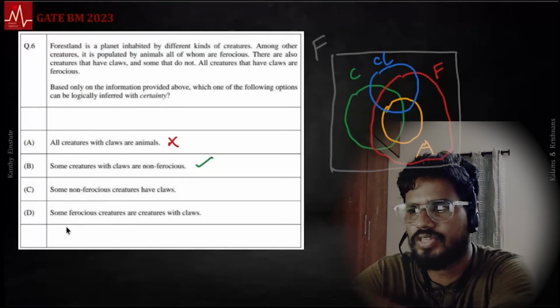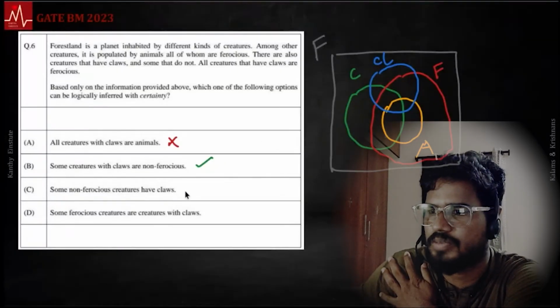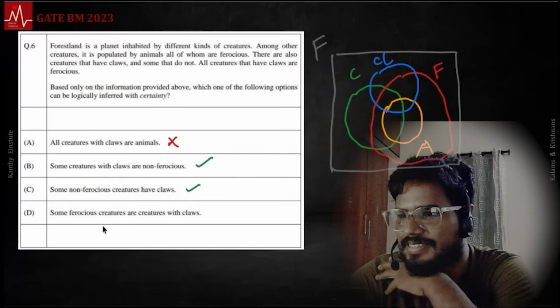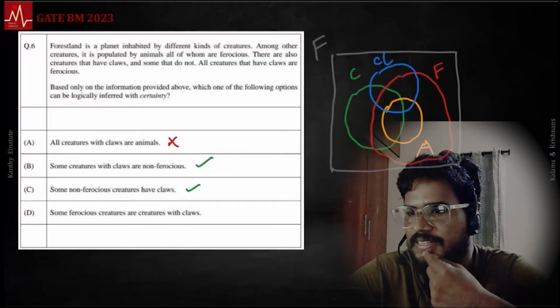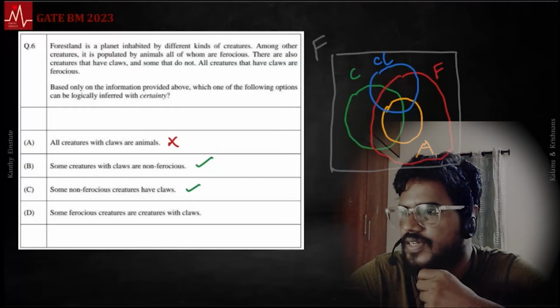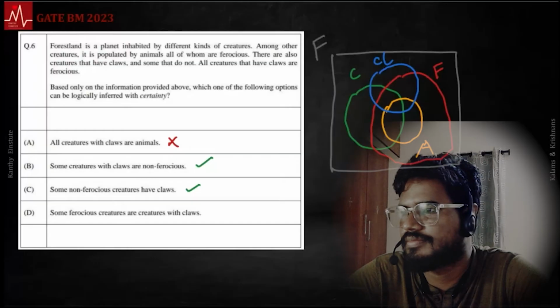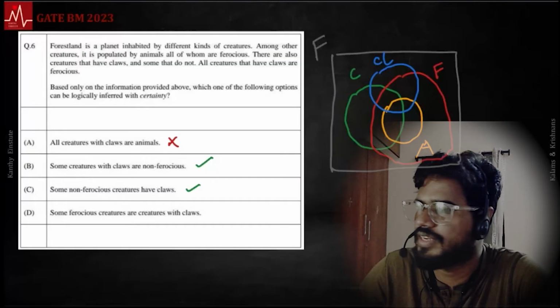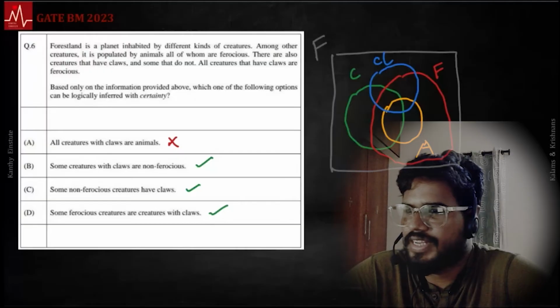Some non-ferocious creatures have claws. I am getting into this multiverse of madness. We'll have to revamp our universe. Some ferocious creatures are creatures with claws is also technically fine. And by this time, some of you are saying option D. What is wrong with option B?